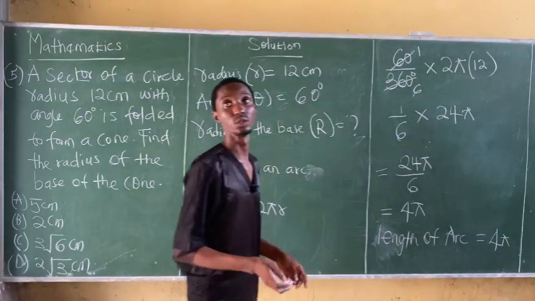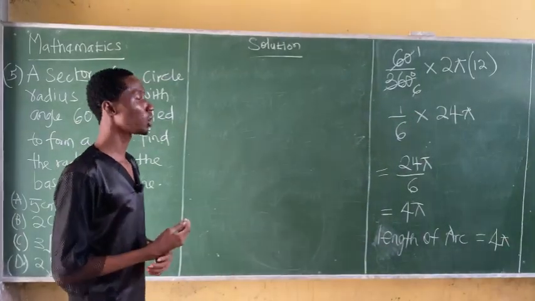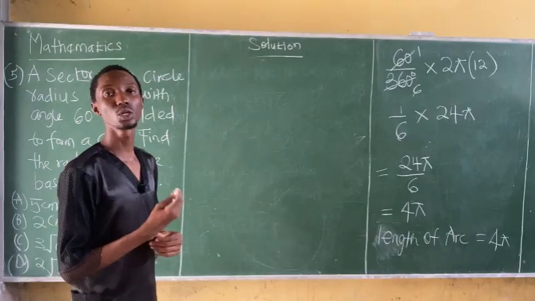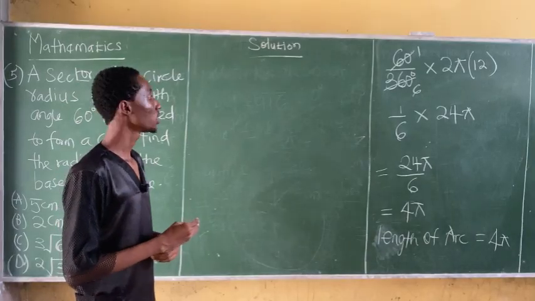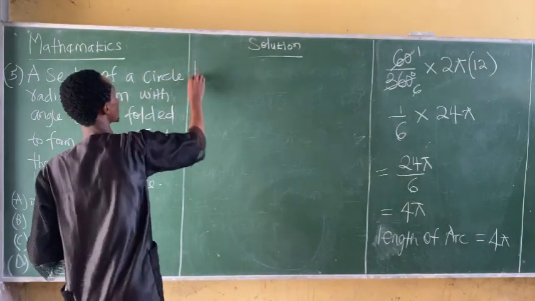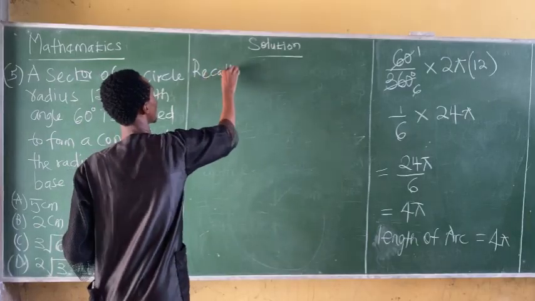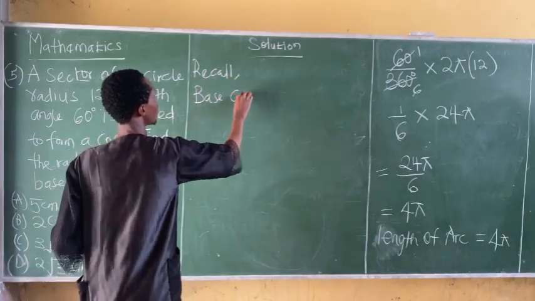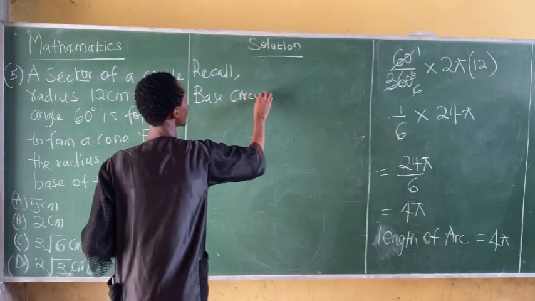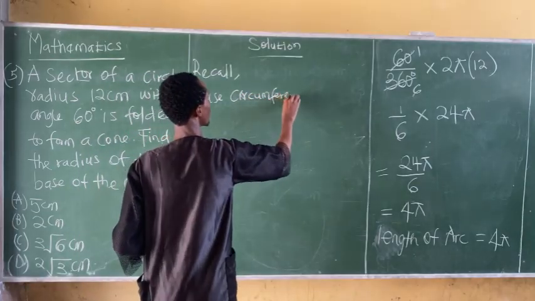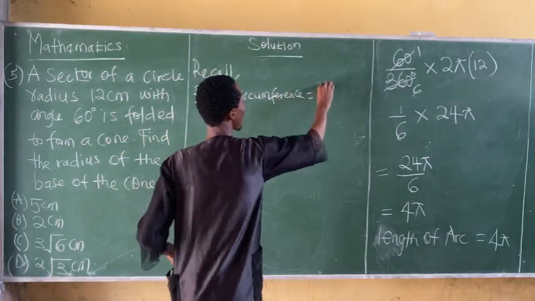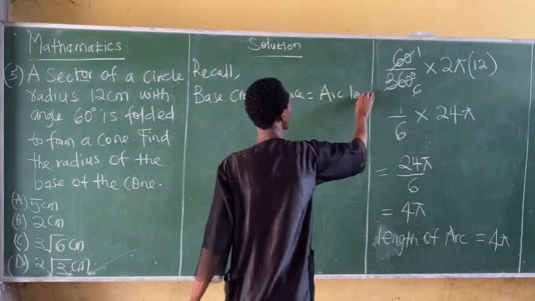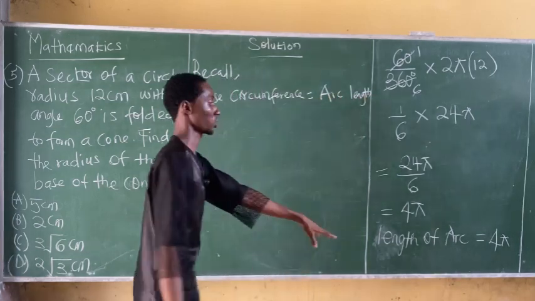We are not done with the solving. But also recall that the base circumference is equal to the arc length. Base circumference is equal to the arc length, which is the length of arc we are talking about.